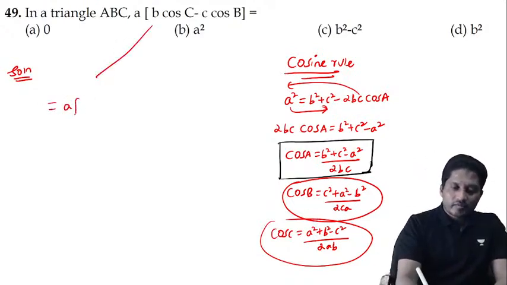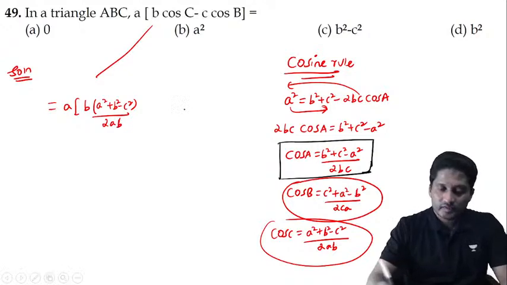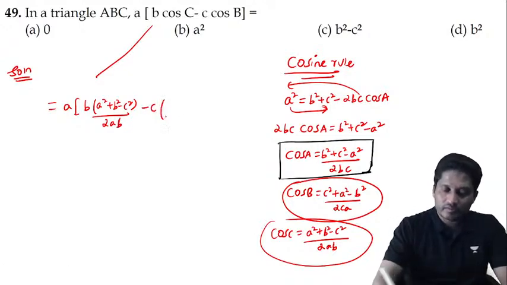A into cos C minus C into cos B. Cos C is A square plus B square minus C square divided by 2AB, and cos B is C square plus A square minus B square divided by 2CA.